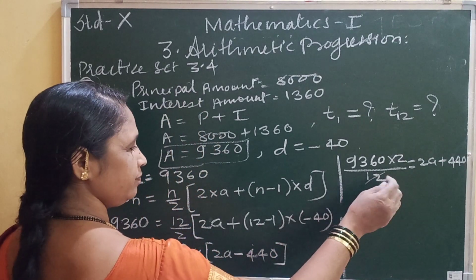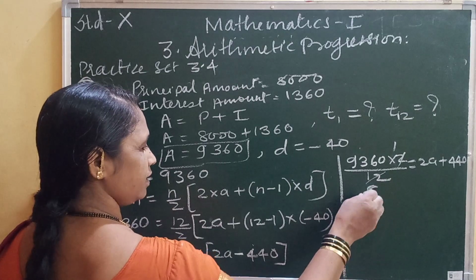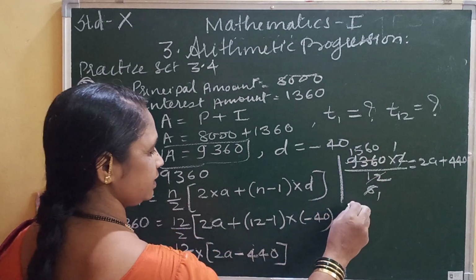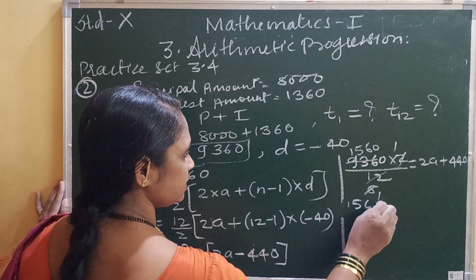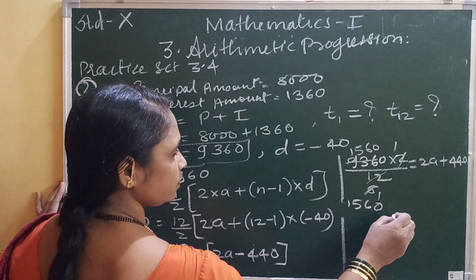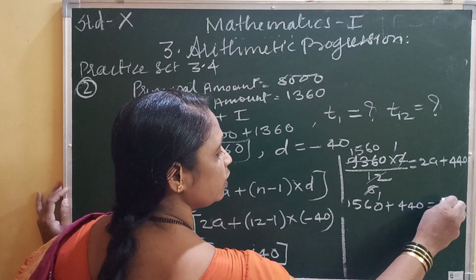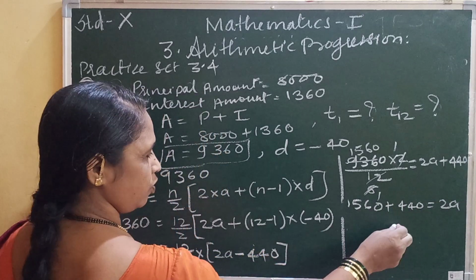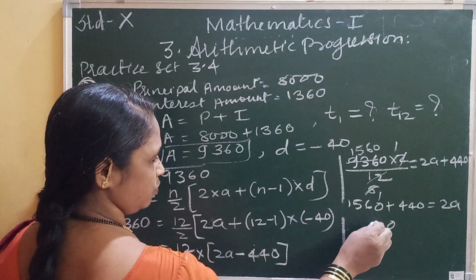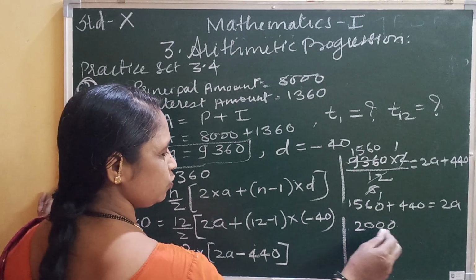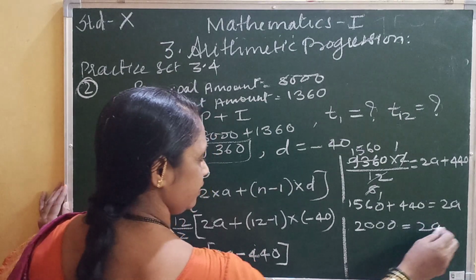Okay, so 12, 2 ones are, and 6 ones are 6, 6 5s are 30 and 6 6s are 36. So it is 1560 plus 440 is equal to 2A. So it is 2000, that is 2A.